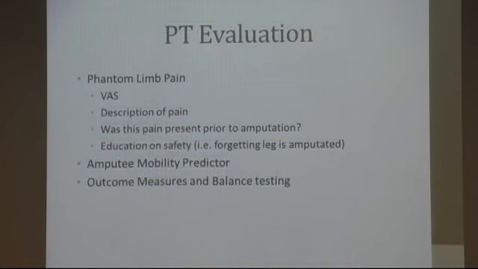Making sure that we're asking a description of the pain to determine if it is phantom limb pain or surgical pain. Asking if it was present prior to the amputation. A lot of times the phantom limb pain will be basically the pain that was there prior. And then educating them on safety, just making sure that they're remembering that they had an amputation and not trying to get out of bed and stand and realizing that their leg is no longer there.